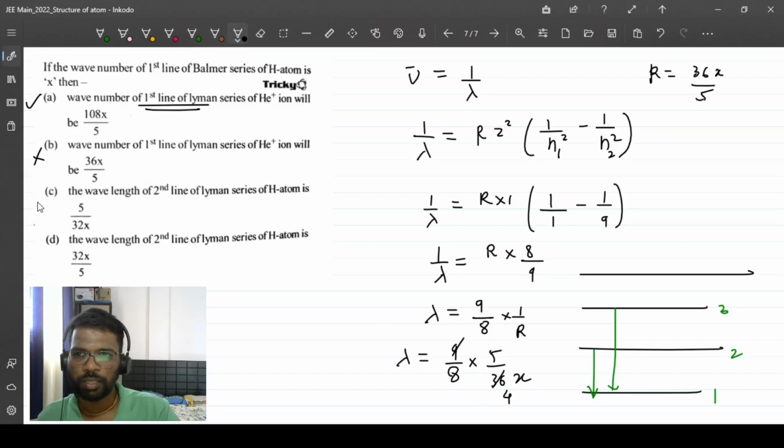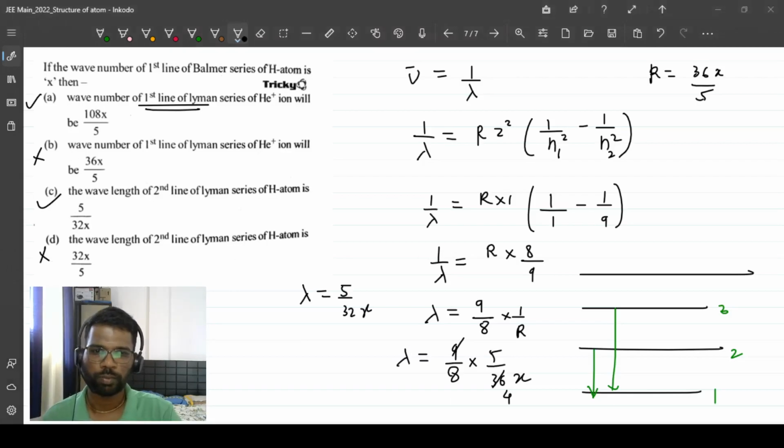So option C is also correct. What I am getting over here is lambda is equal to 5 by 32 times 1 by X. Since this option is correct, option D is incorrect. So options A and C are correct for this question.